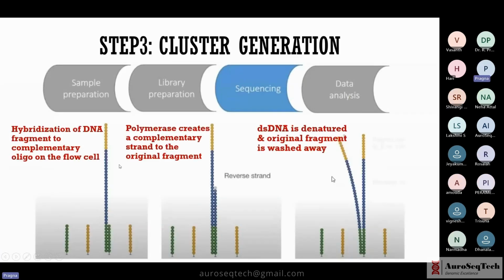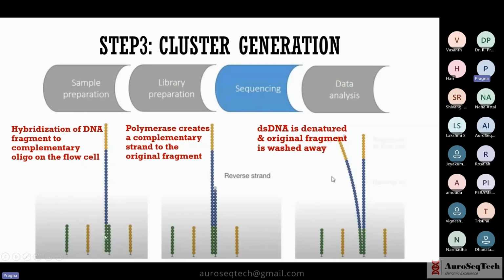So what happens now when we add the DNA to the flow cell? The DNA fragment goes and binds to the oligo in the flow cell. It hybridizes. In other words, it is called hybridization of the DNA fragment to the complementary oligo on the flow cell.